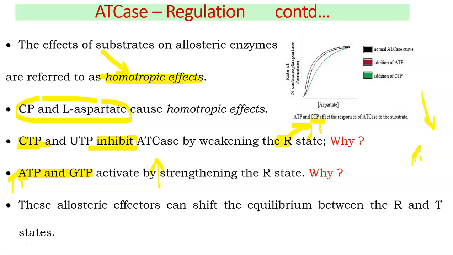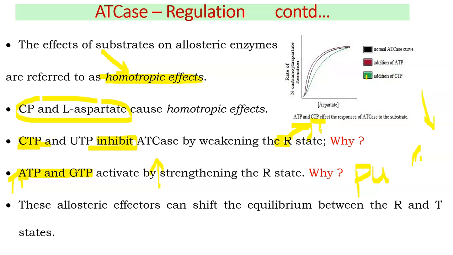As the energy is available, usually the synthetic pathways utilize the energy. That is why in the presence of ATP the reaction can complete. That means ATCase activity increases. Another reason is ATP means more purines. ATP and GTP indicate the presence of purines.